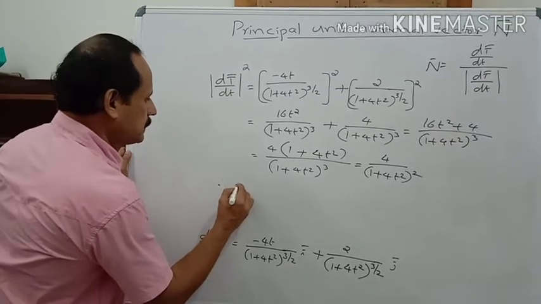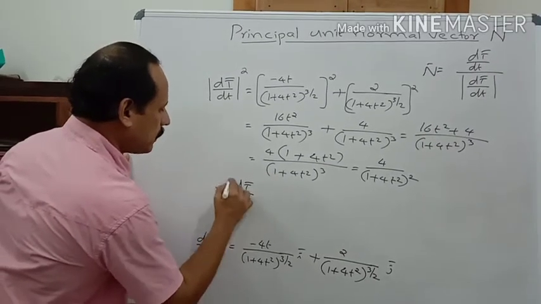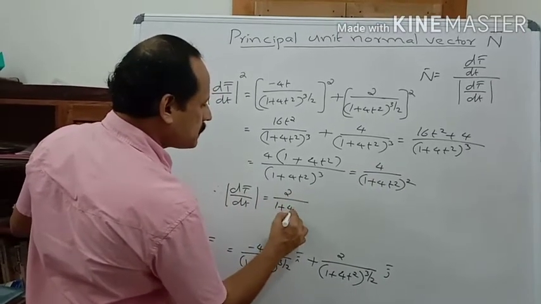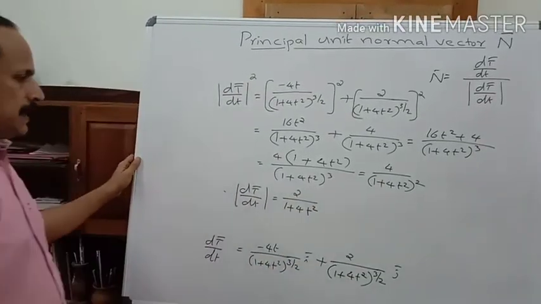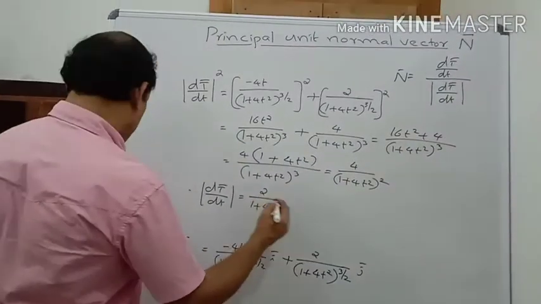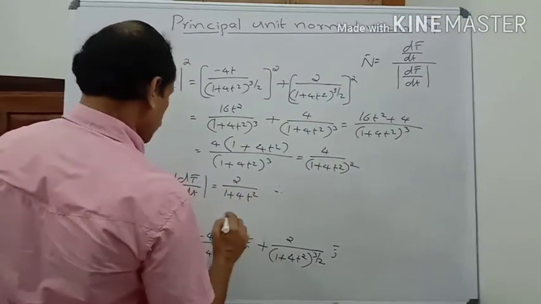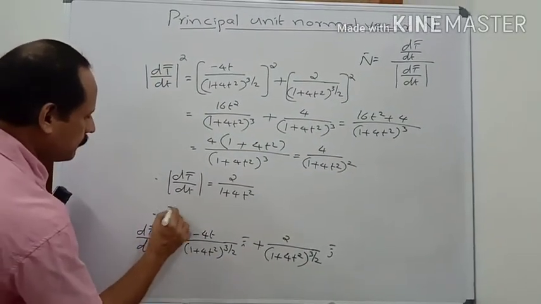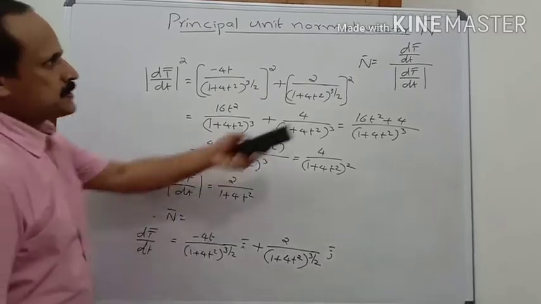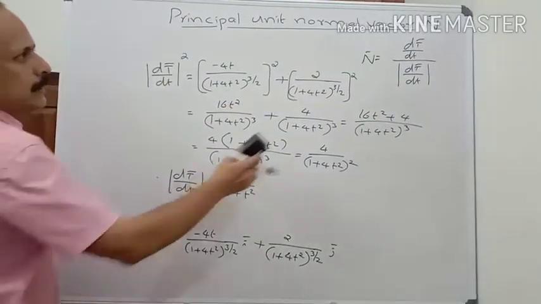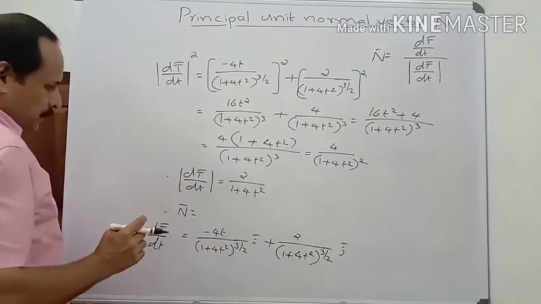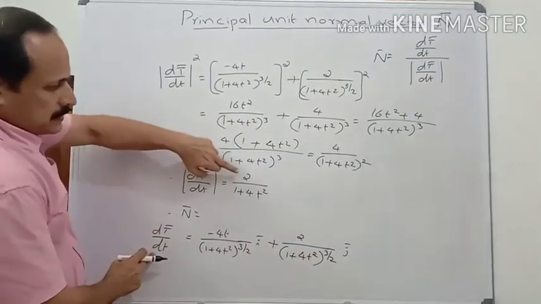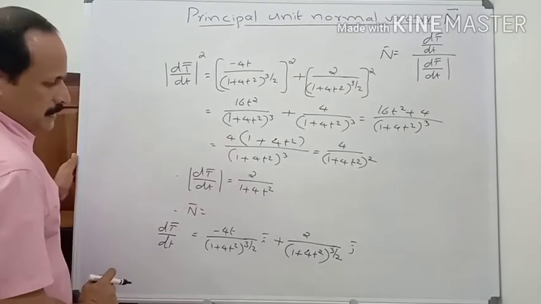Therefore we get mod dt bar by dt equal to root of this one, that is 2 by 1 plus 4 t square, and therefore take n bar. n bar equal to, use this formula, dt bar by dt by mod dt bar by dt, that is you divide this vector by its modulus, that is this term 2 by 1 plus 4 t square.